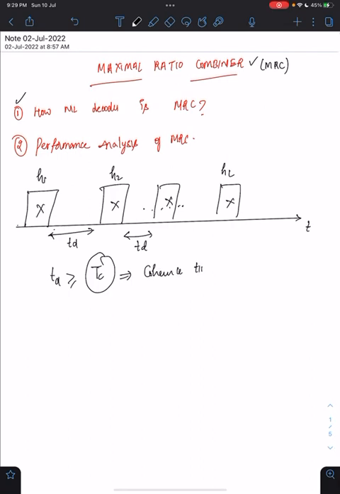Coherence time is the minimum time taken by the channel to change its channel coefficient.